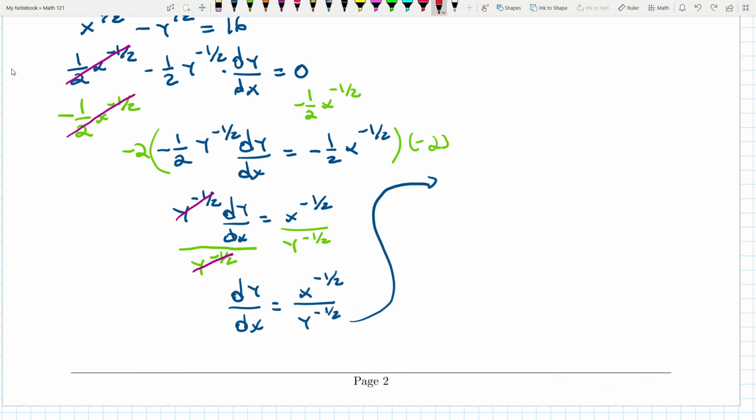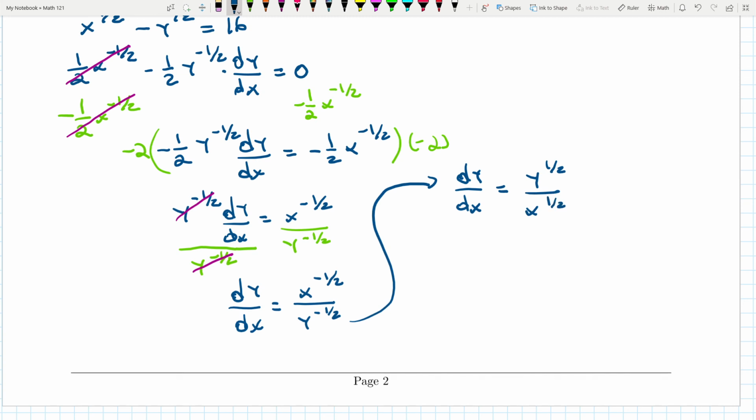Just the same way, because of this negative exponent in the denominator, that indicates that we should move it to the numerator with positive exponent. Let's go ahead and do that. That will be dy dx equals y to the 1/2 over x to the 1/2.